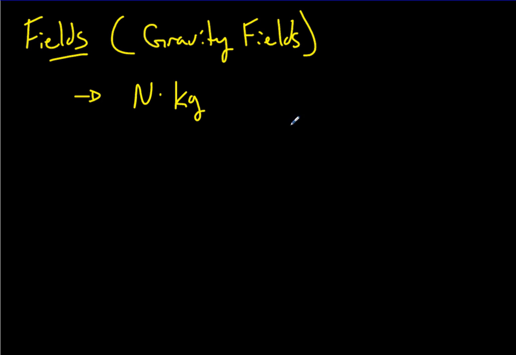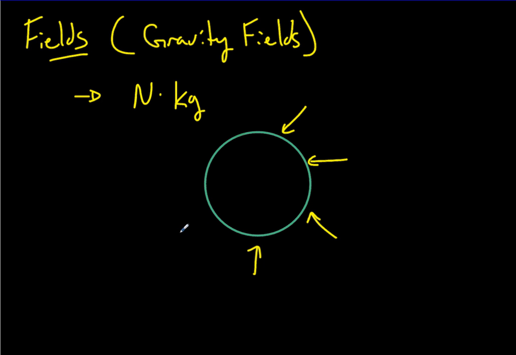In other words, around a particular, say, large object, such as a planet, if you happen to be somewhere near the surface, you're going to describe the strength of the gravity field in terms of how many newtons of force are experienced by some mass, generally near the surface, right?